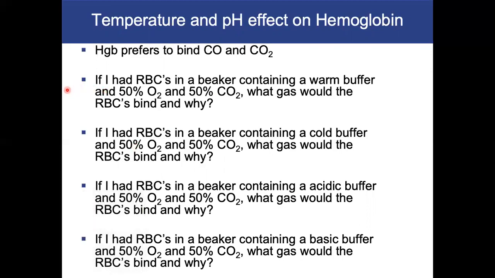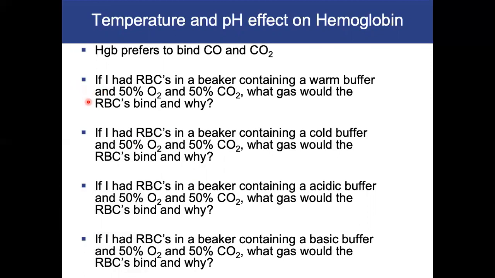All right, so if I had red blood cells in a beaker containing a warm buffer, and I had 50% oxygen and 50% CO2, which gas would the red blood cells bind?